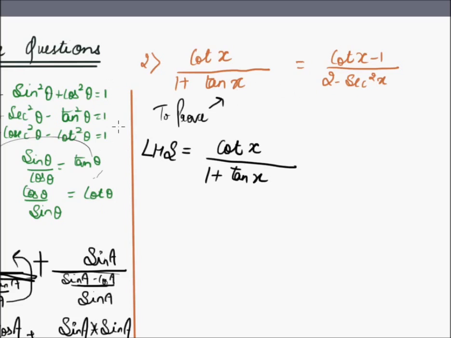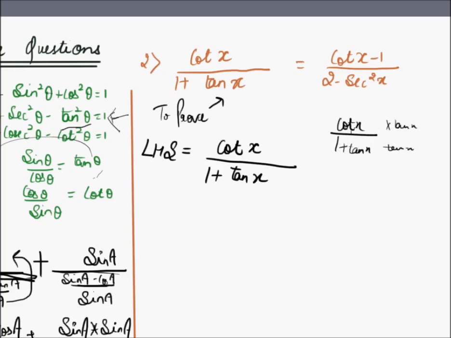See, the only formula over here which can convert it is this one. But it needs tangent of theta and its degree 2. How can we have degree 2 of tangent over here? We have many options. Say we can multiply both the numerator and denominator by tangent of x.